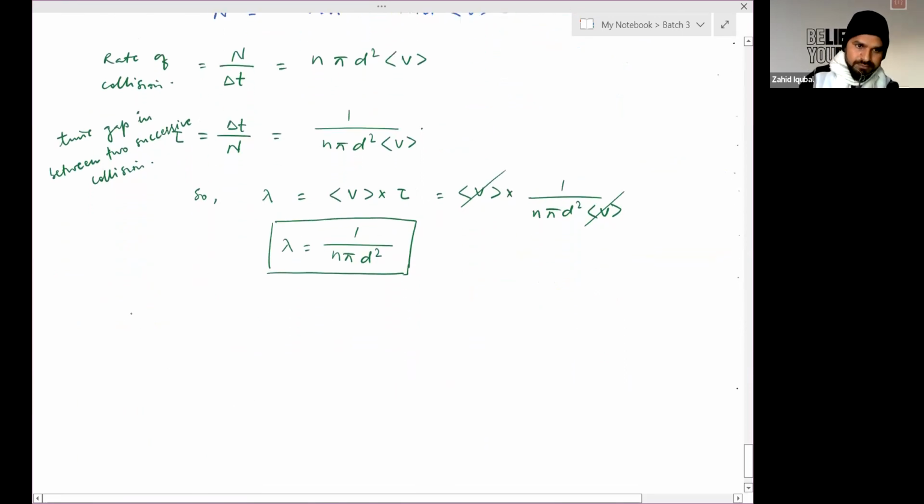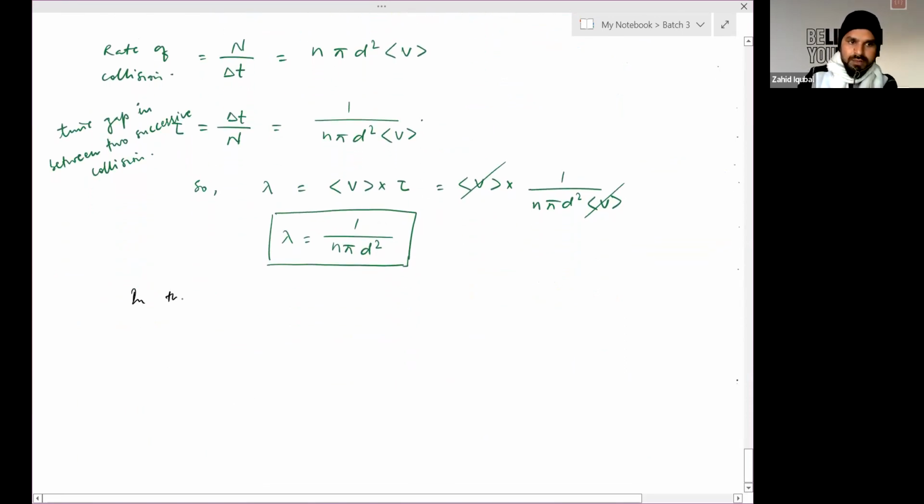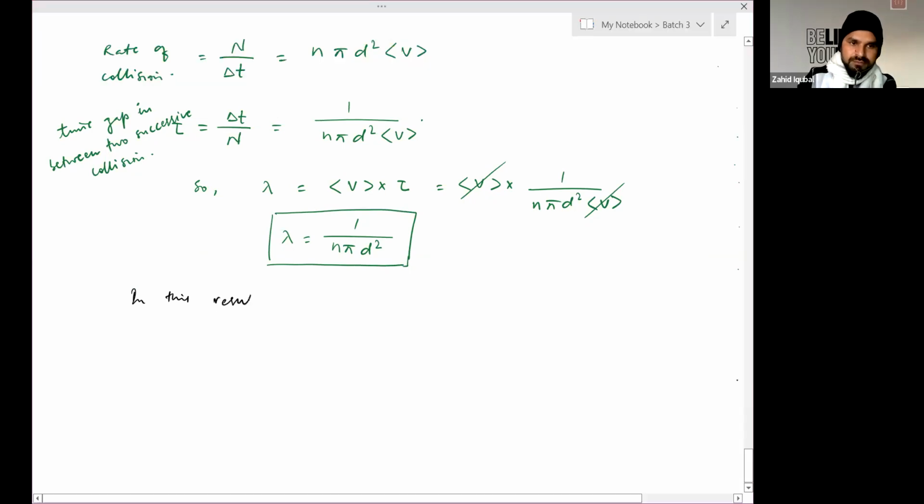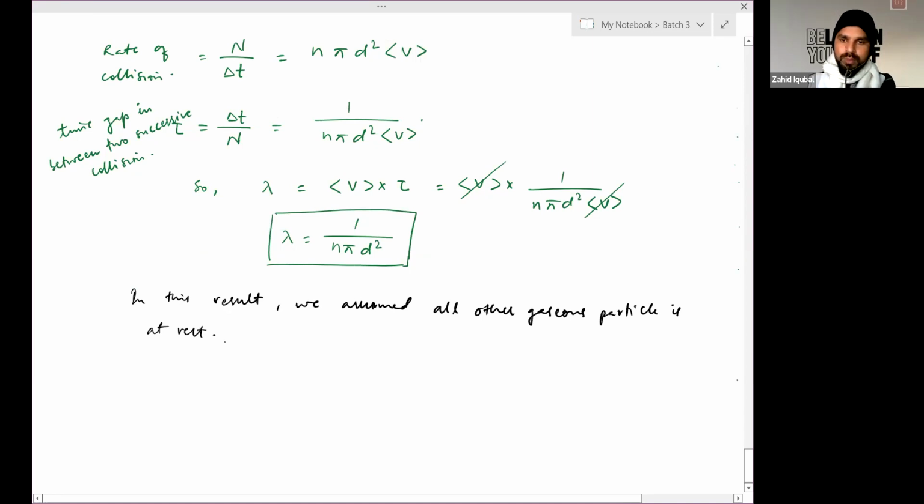So from this part, we can say in this result we assumed all other gaseous particles are at rest, and only one particle is moving.